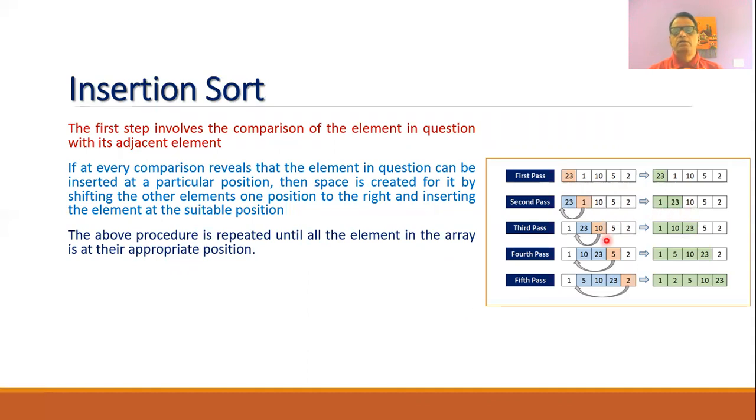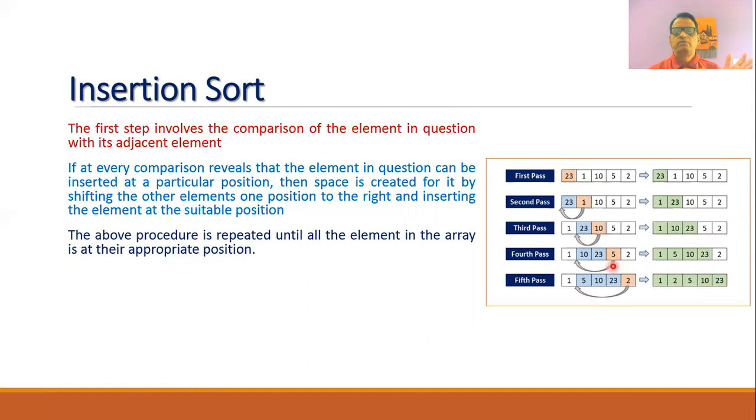In the third pass, we will compare the third element with its adjacent element so that we can insert this 10 at this position, giving the list 1, 10, 23, 5, and 2.